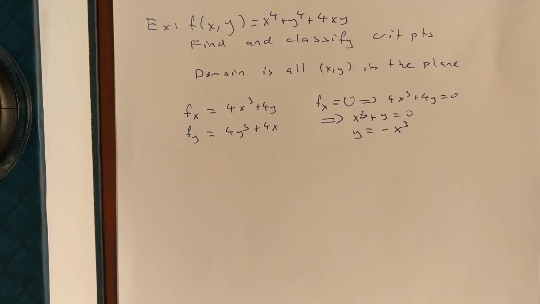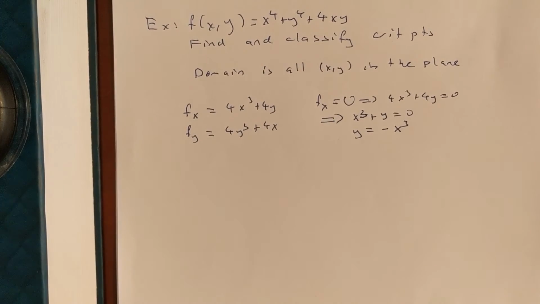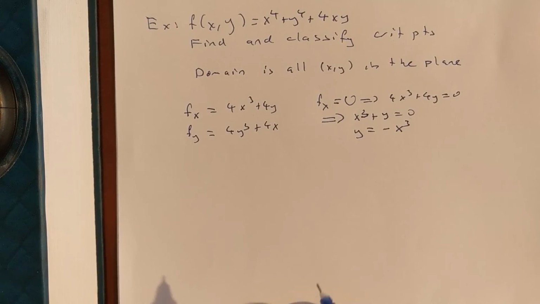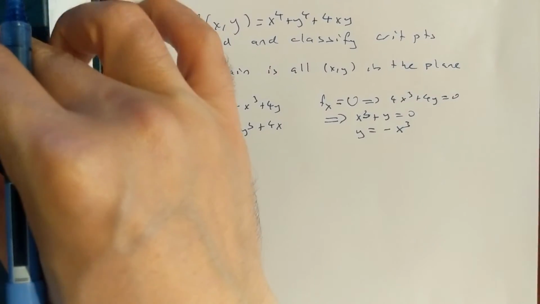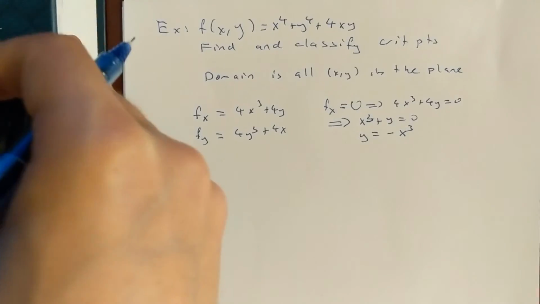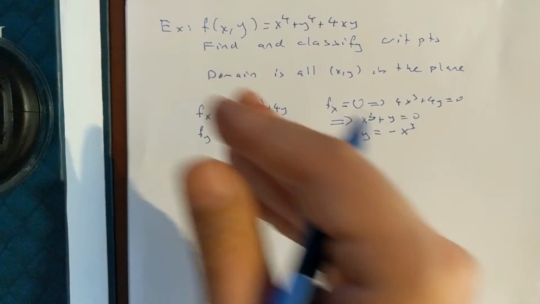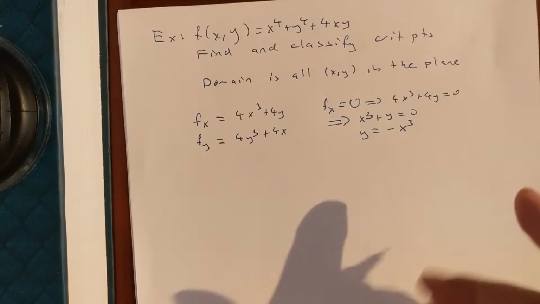This is actually a two-dimensional curve. We got a curve from f sub x, so it's infinitely many points. Hopefully, f sub y is going to narrow this down for us, which it will.